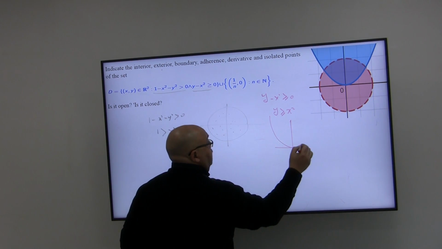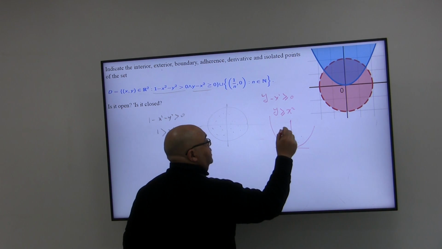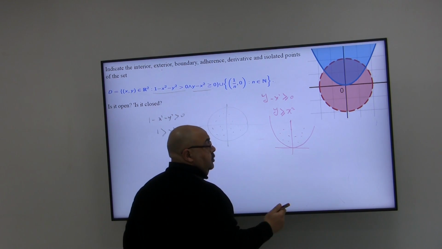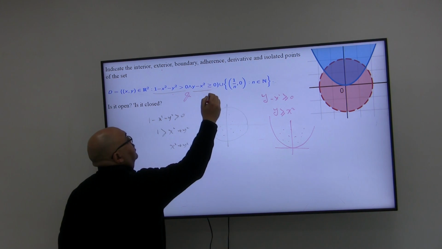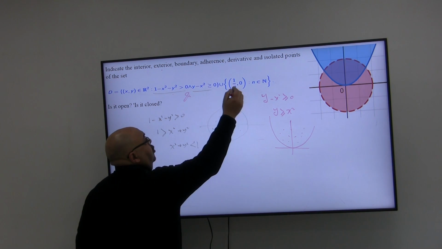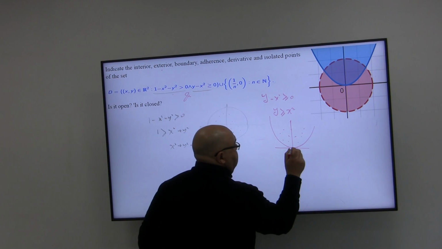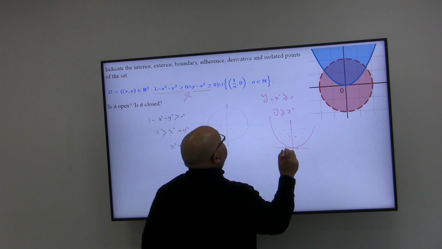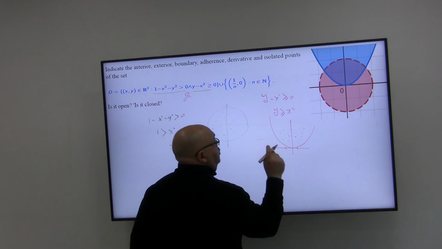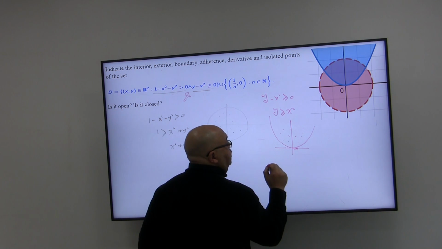The points of my set are all the points inside the parabola, not outside it. But note that I want this and this, union the elements of 1 over n including 0: 0, 1, 1 over 2, 1 over 3, 1 over 4, 1 over 5, 1 over 6 and so on, where n belongs to the natural numbers. So all these points are also included.